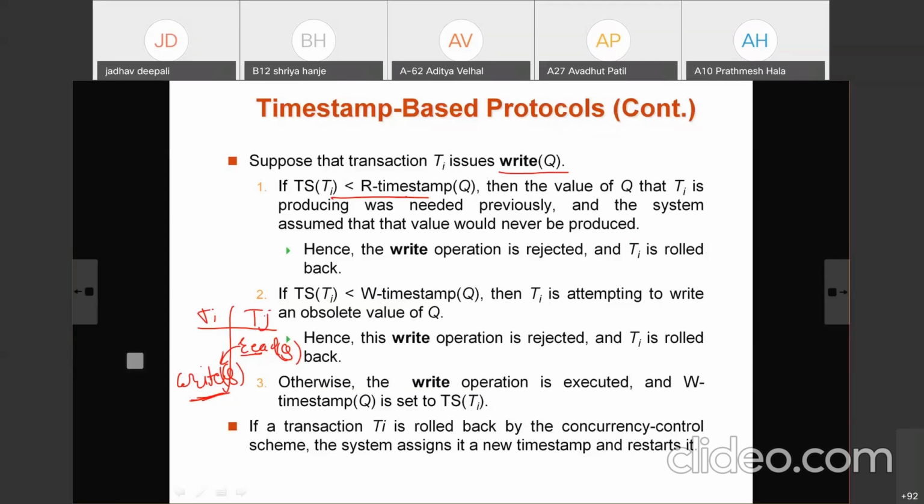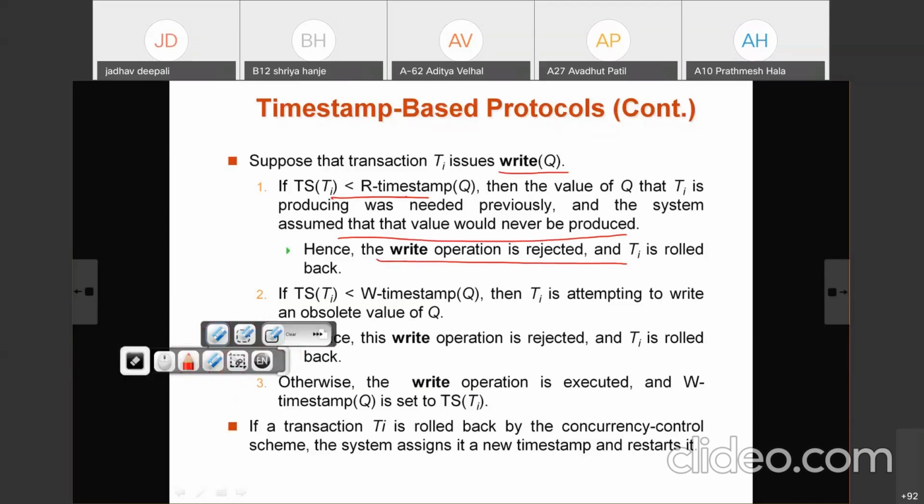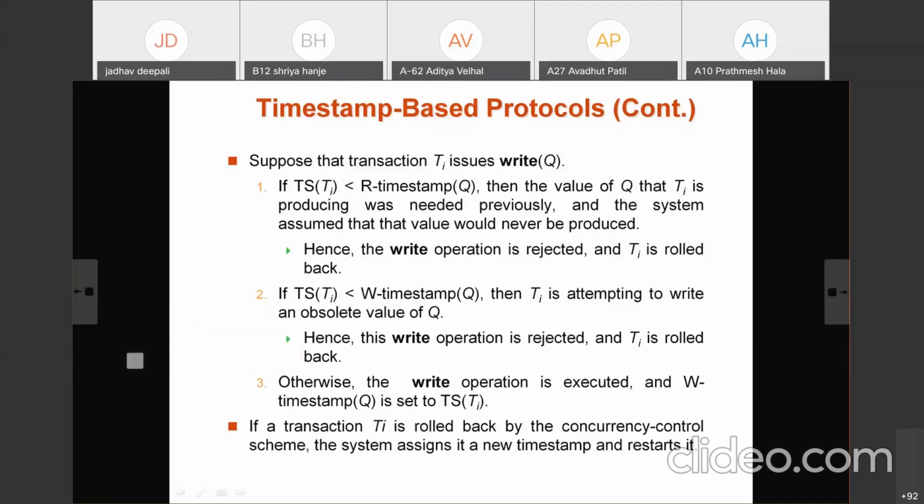Have you understood? The system assumes that the value would never be produced, so the write operation is rejected and Ti is rolled back.